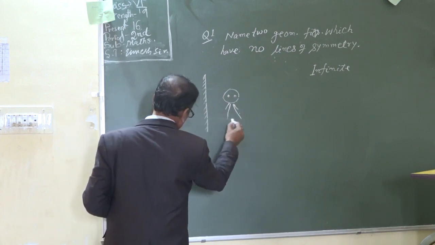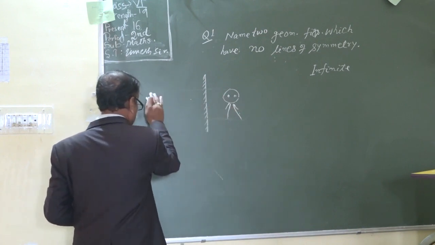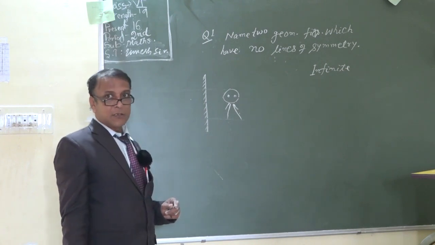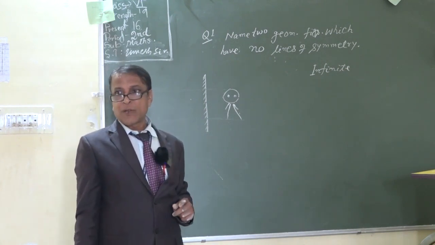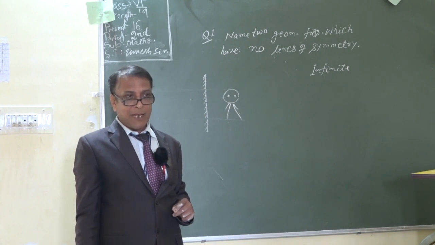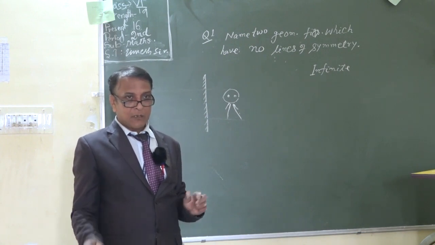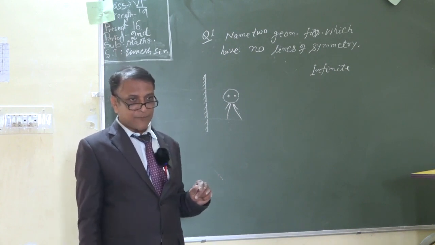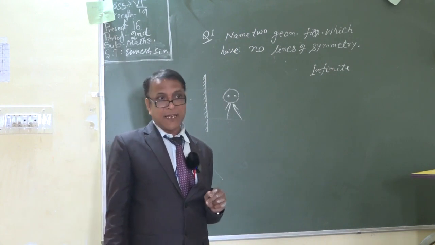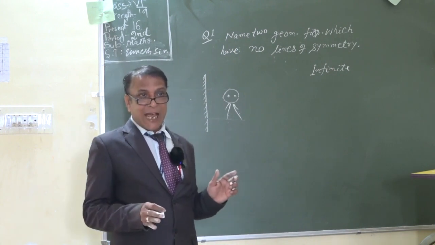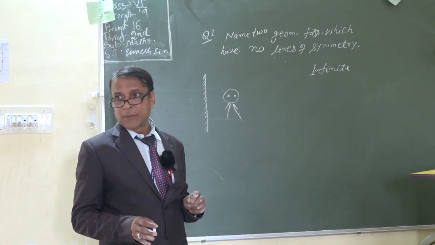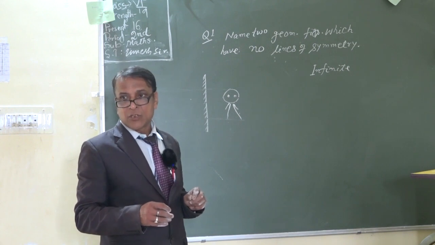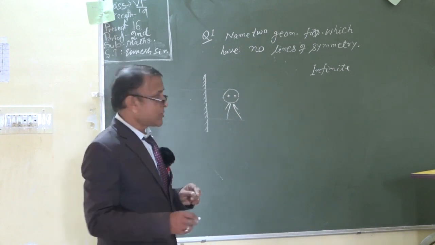Is the length of the object and the image equal in size or not? Always the image in front of a plane mirror has the same size as the object. And another thing I told you, what is that? At whatever distance the object is, the same distance the image will be formed.